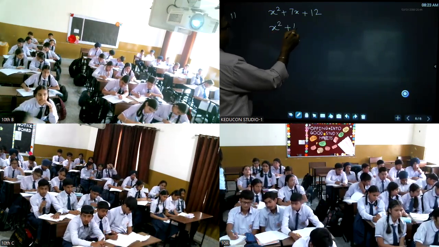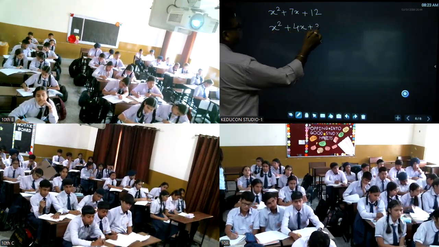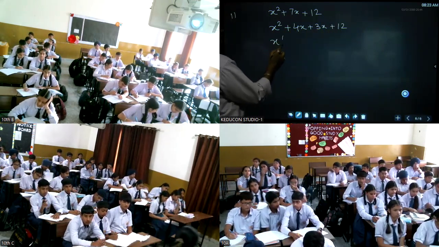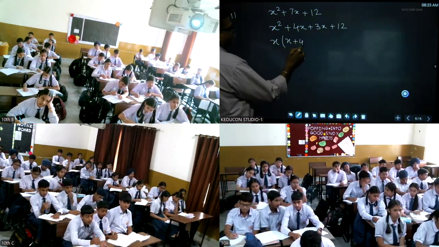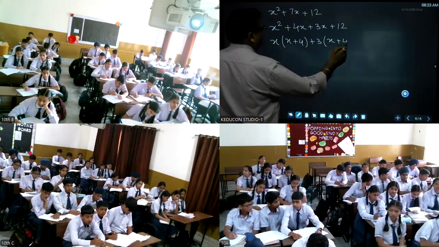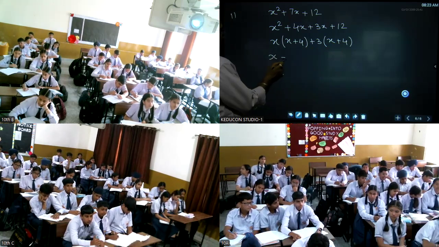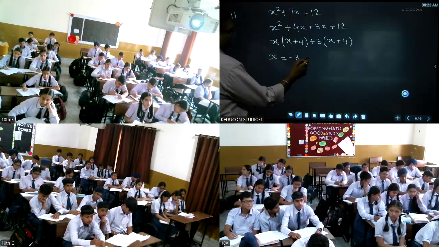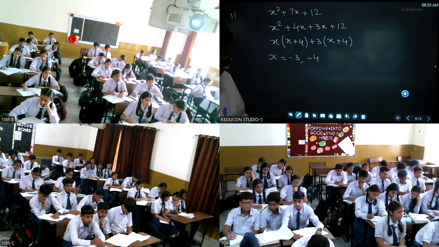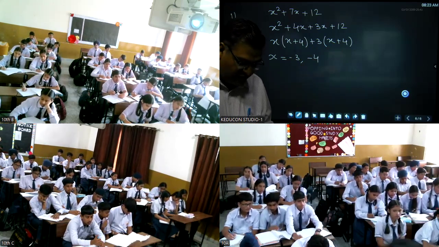This is the middle term. You can find out the zeros of this polynomial. A quadratic polynomial has 2 zeros. So this polynomial has 2 zeros, minus 3 and minus 4. So the first statement, the assertion, is false.